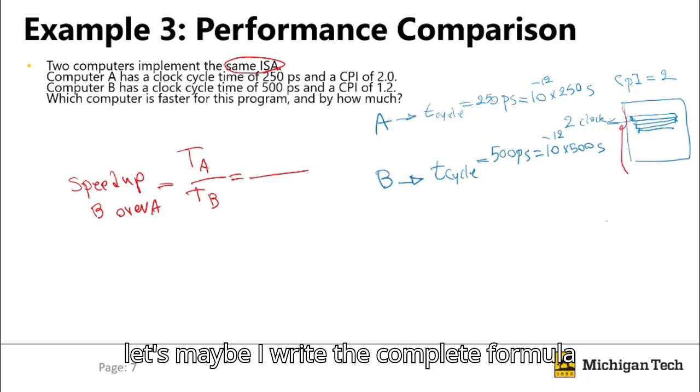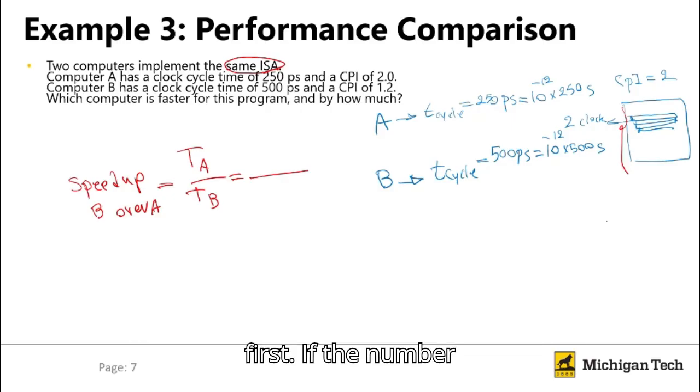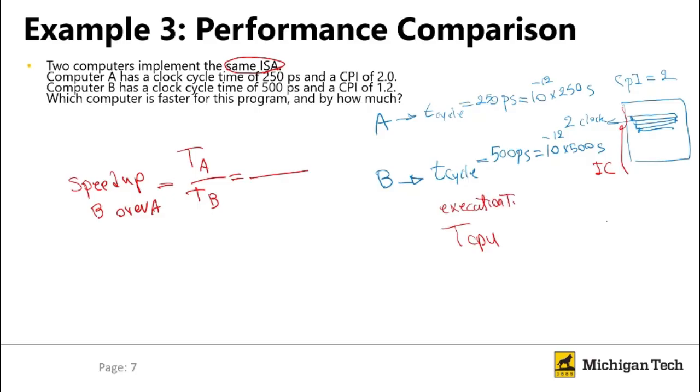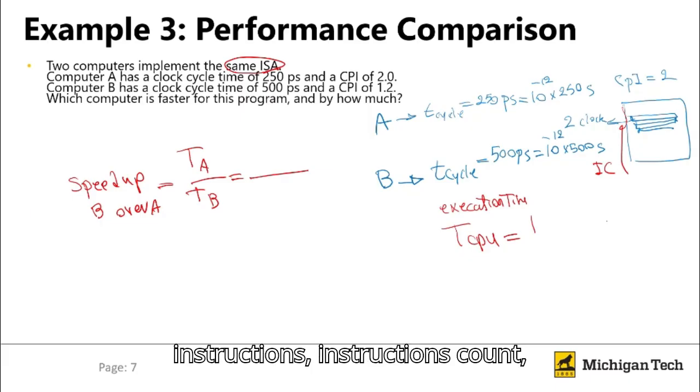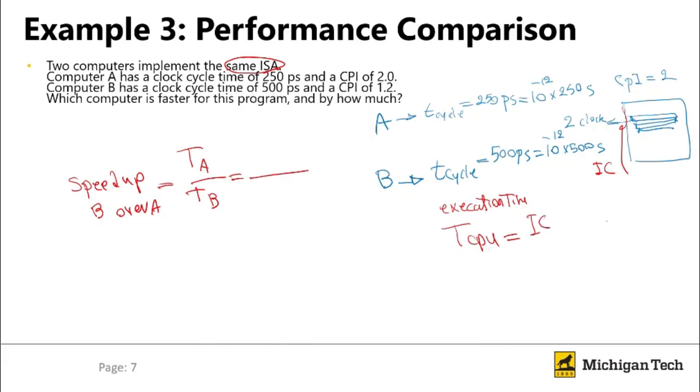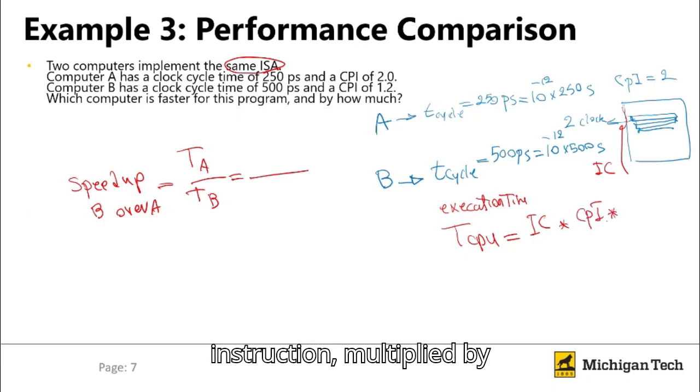Okay, so maybe I write the complete formula first. If the number of instructions is the instruction count, IC, then T_CPU, which means execution time, is equal to instruction count multiplied by clock per instruction, multiplied by T cycle, or clock cycle time.